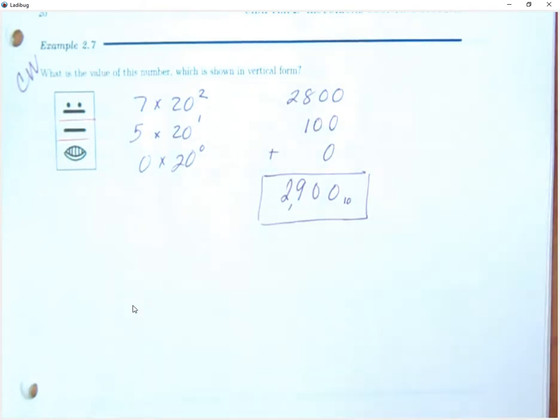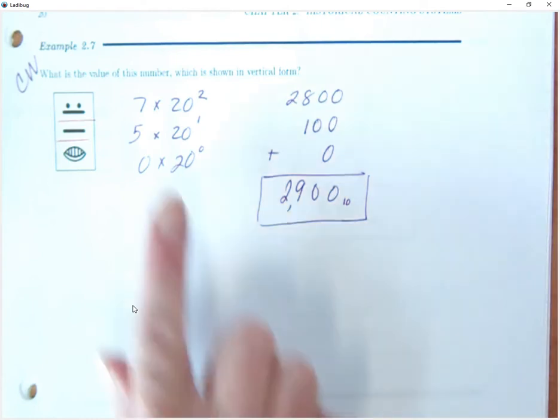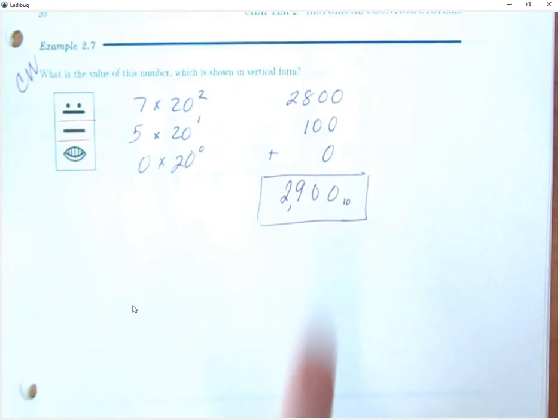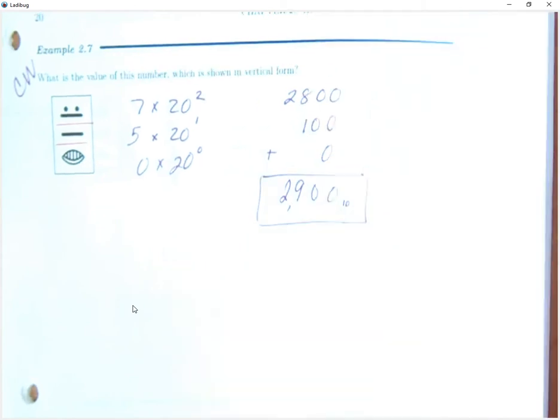I actually did just do all the work there for you. It'll also be on your solution sheet. So you're basically just multiplying across here and adding the expanded values together.